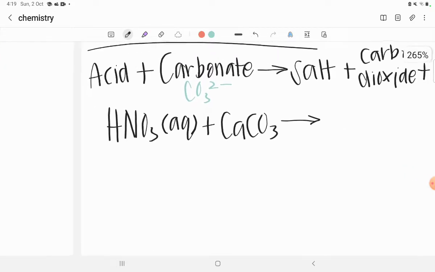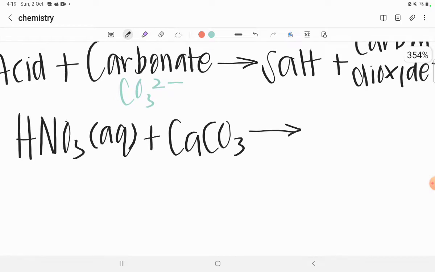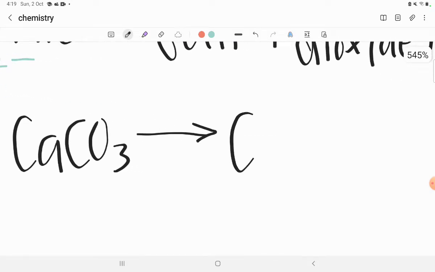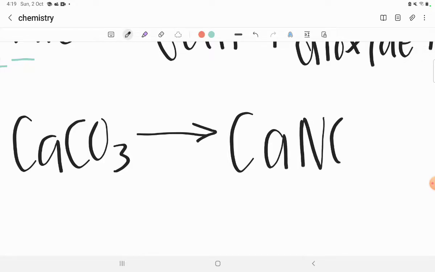So the salt will be calcium nitrate. Calcium is 2 plus, right? And NO3 is minus. So we need one more NO3. To do that, we do this.